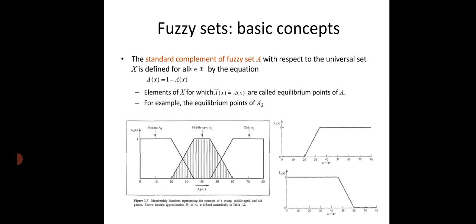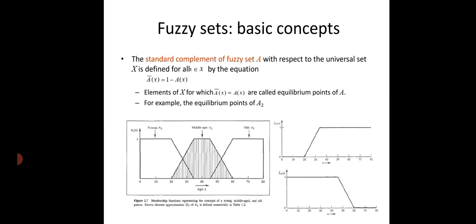So now we are entering the basic operations: complement, union, intersection. These are the basic operations on a fuzzy set. Generally we are clear about the complement, but here the complement is 1 minus the fuzzy set.